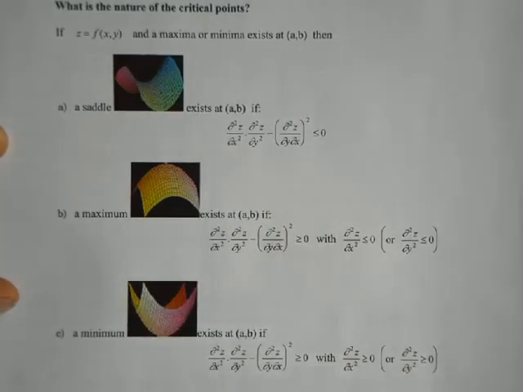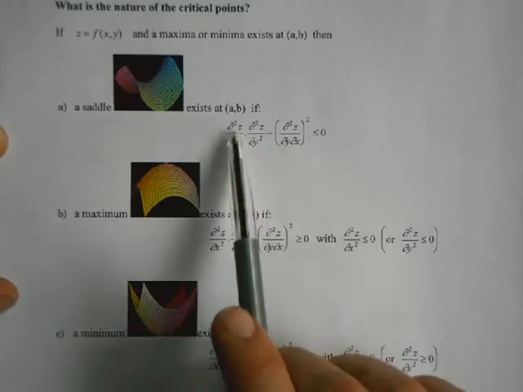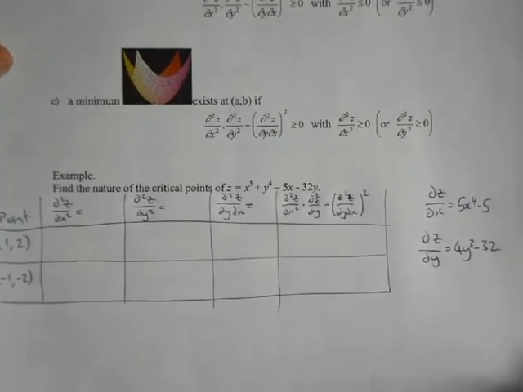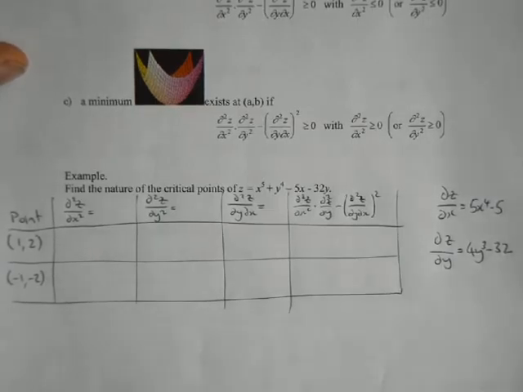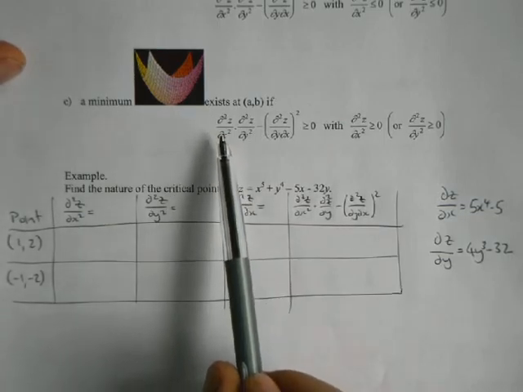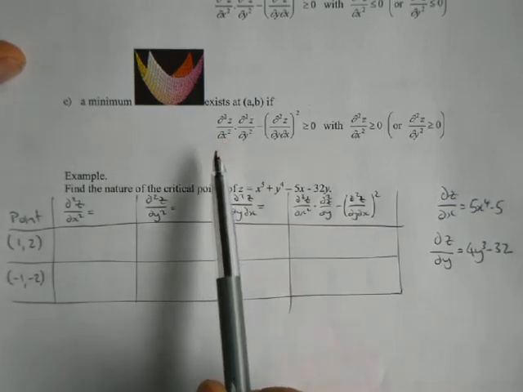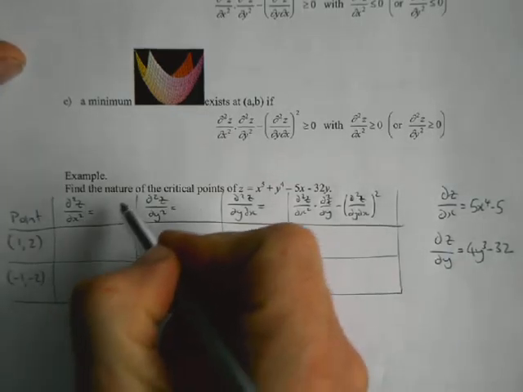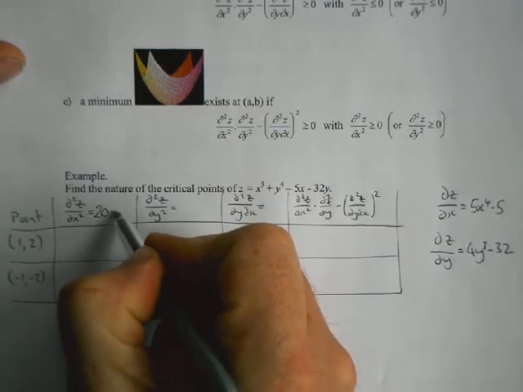So I need to work out this piece for each of my points. The way that I normally do this is just with a table. So here are my 2 points that I want to check, again derived from the previous video. To work out this, I need the second derivative with regards to x. So here's my first x, so I just differentiate that again, which is 20x cubed.